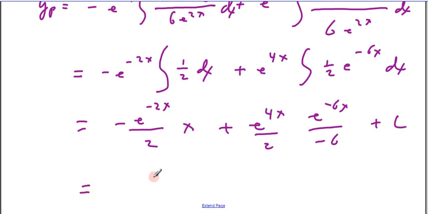Okay, so now I've got minus e to the minus 2x over 2x minus 1 over 12 e to the minus 2x plus some constant c.